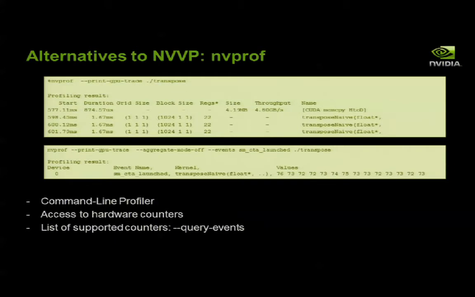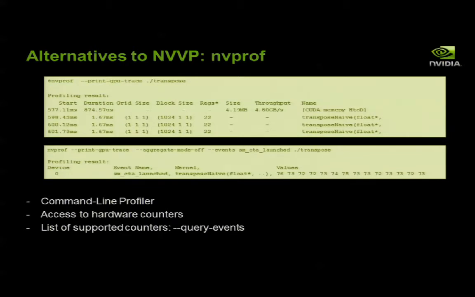If you call the same kernel multiple times, it will just tell you how often the kernel was called, what the average and the longest and shortest execution time was, and so on and so forth. With this extra option called print GPU trace, you will actually see, for every single invocation of the code, the information per invocation.